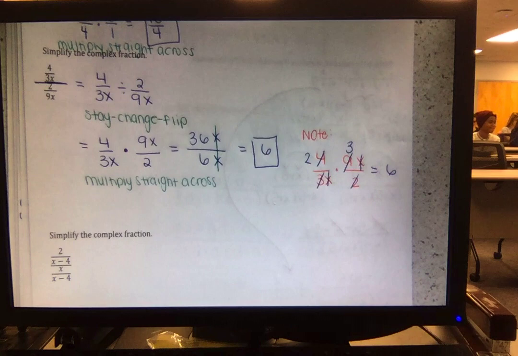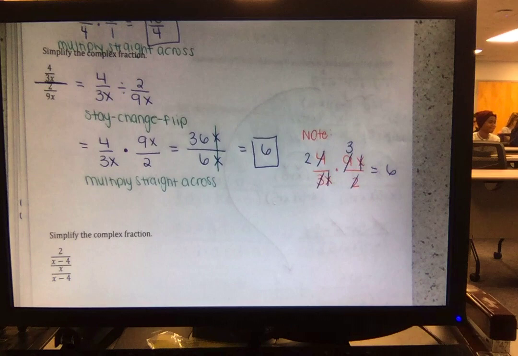My second denominator is already 3x, so it's good to go. So we're going to multiply 3x times x, 3x squared, all over 3x, plus 2 over 3x is already good to go.